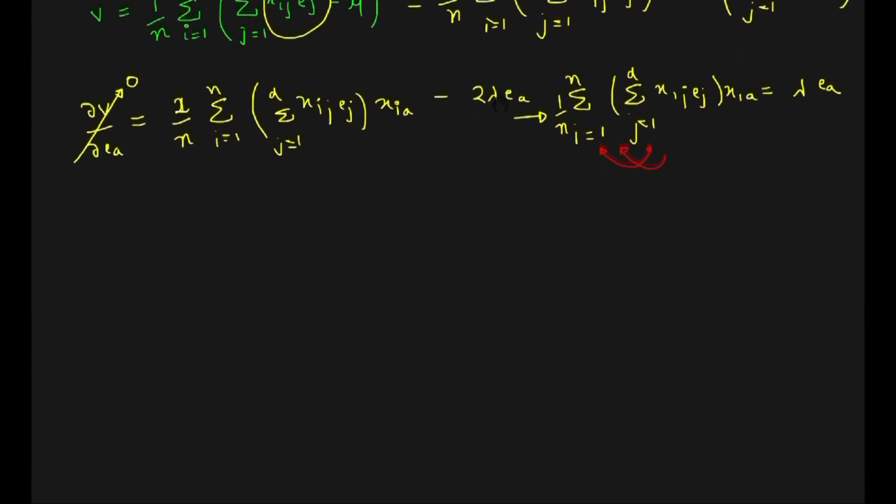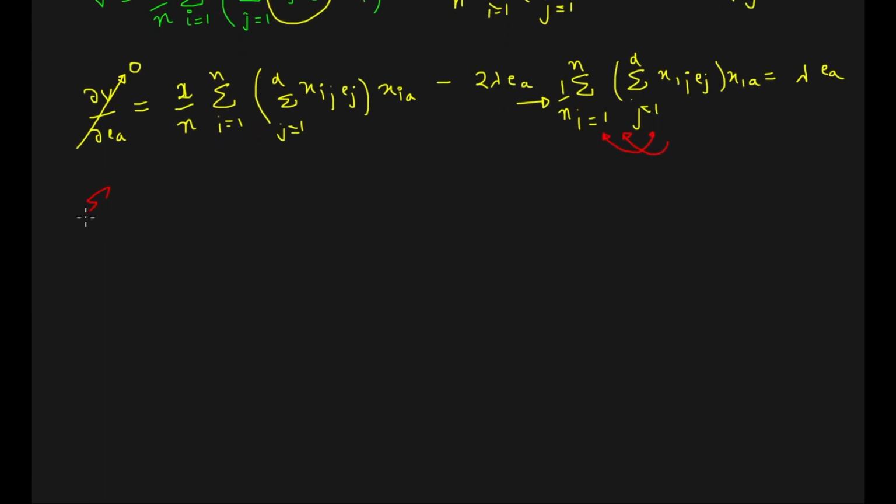So the equation becomes: the dimension summation comes out, so this becomes sum over j equal to 1 to d of e_j times 1/n. As the j-th index is not dependent on i, this becomes sum over i equal to 1 to n instances of x_ij into x_ia, equal to lambda e_a. We can observe that while we differentiated along any one dimension of E, this will hold for all a equal to 1, 2, all the way up to d.